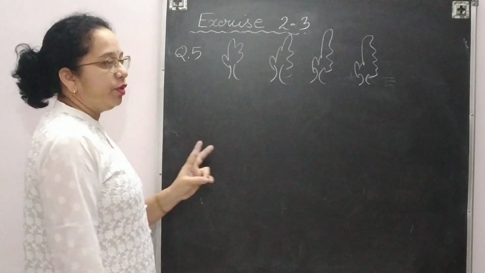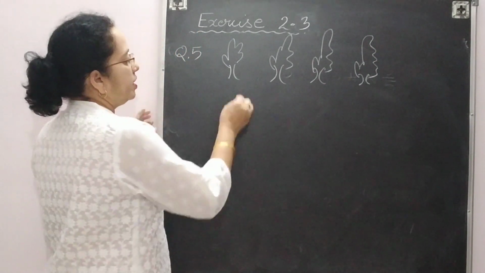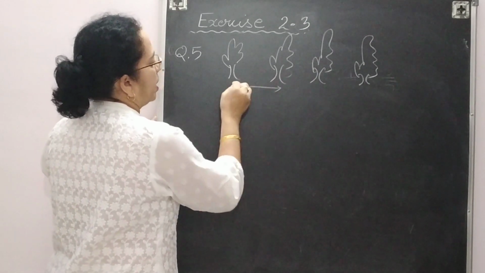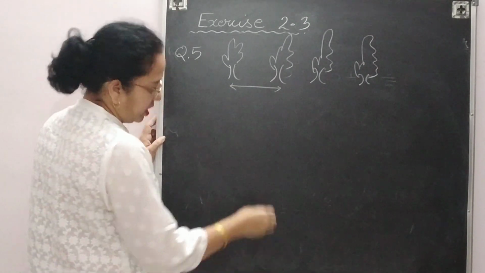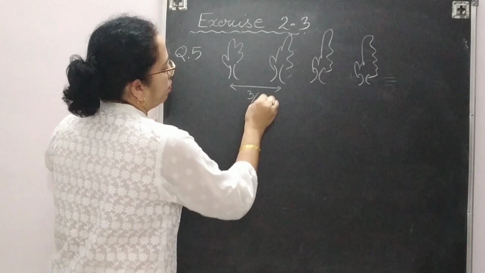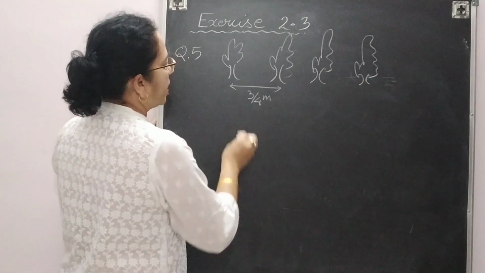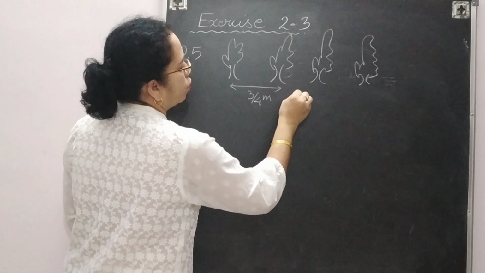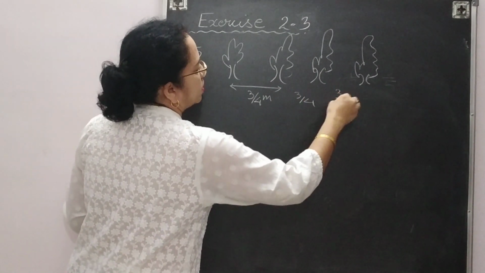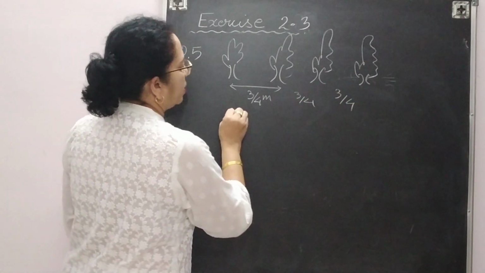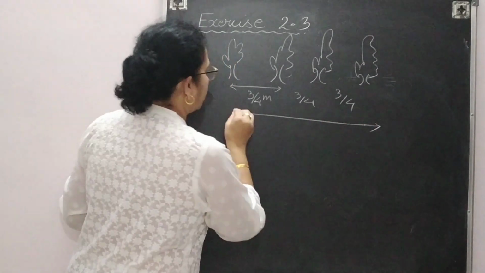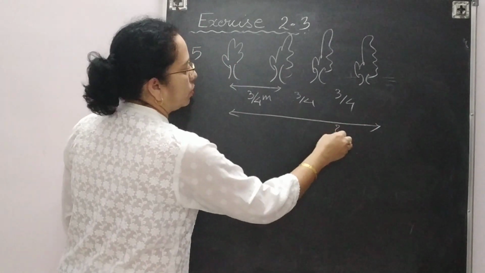And the distance between 2 adjacent plants means nearby plants. So this distance is given 3 by 4 meter. So this is also 3 by 4, this is also 3 by 4, and you are supposed to find out the distance between the first and the last. So this distance you are supposed to find out.